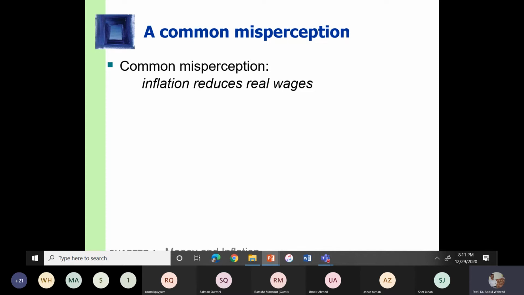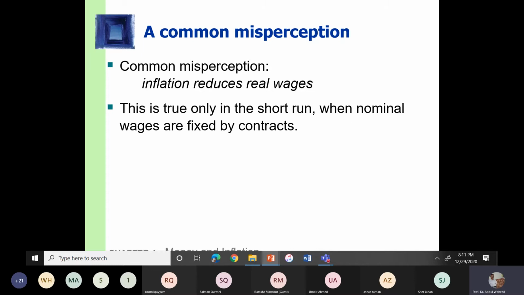So there is a common misperception. It is said that inflation reduces real wages. This is true only in the short run, because in the short run, wages are fixed by contract. So there is rigidity in wages, they are not flexible.